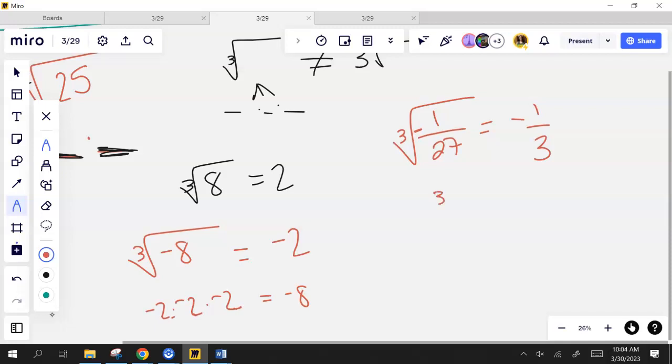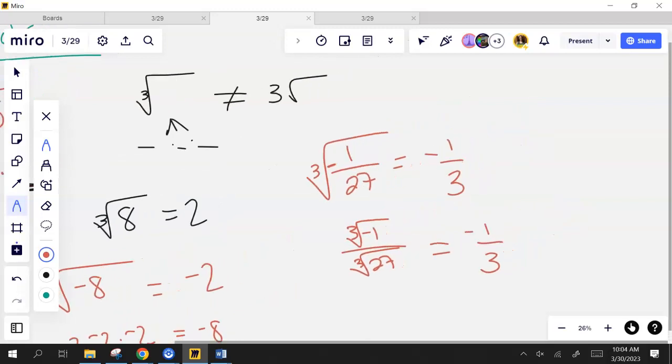So I could make this the cubed root of negative 1 over the cubed root of 27 and then do each one individually. Remember those 2 properties of radicals? Well, I'm still going to put it because you asked. Those properties still apply even though they're different roots.